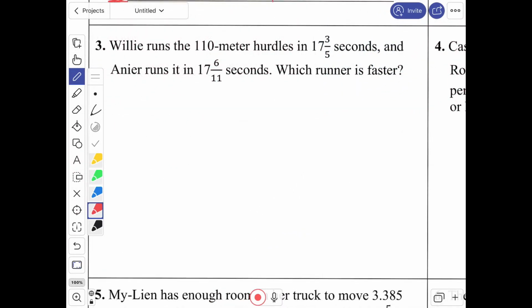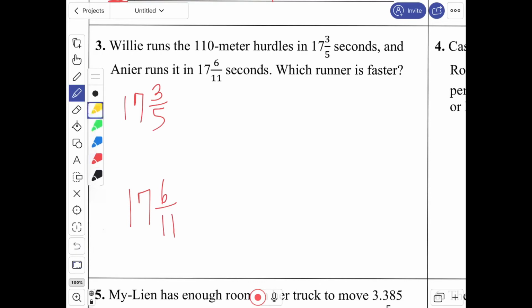Number 3, Willie runs the 110-meter hurdles in 17 3/5 seconds, and Anir runs it in 17 6/11 seconds. Which runner is faster? So we are comparing those two mixed numbers. First we want to look at the whole number part, and I notice the whole number part is the same, so I'm really just comparing the fraction part.